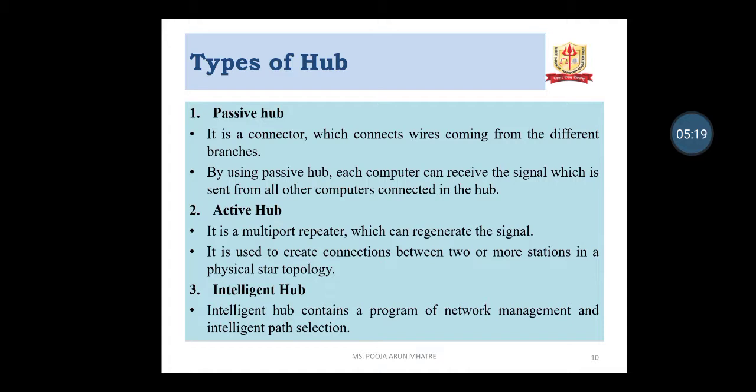It is a multi-port repeater which can regenerate the signal. It is used to create a connection between two or more stations in a physical star topology. And the third one is the intelligent hub. An intelligent hub contains network management programs and intelligent path selection.